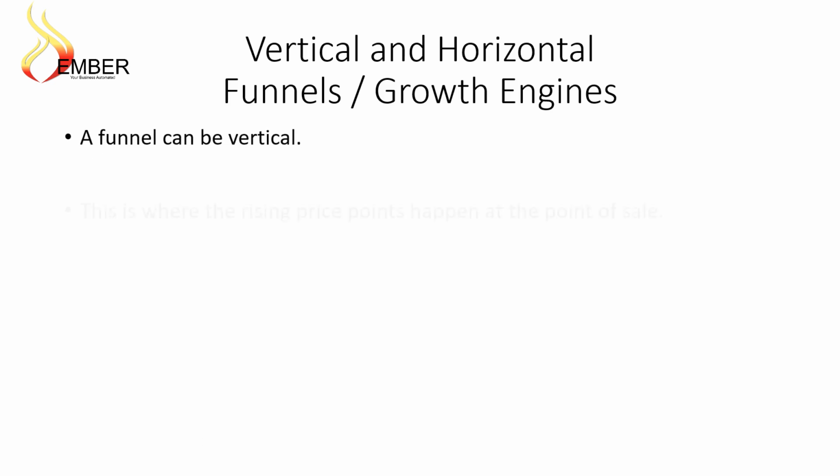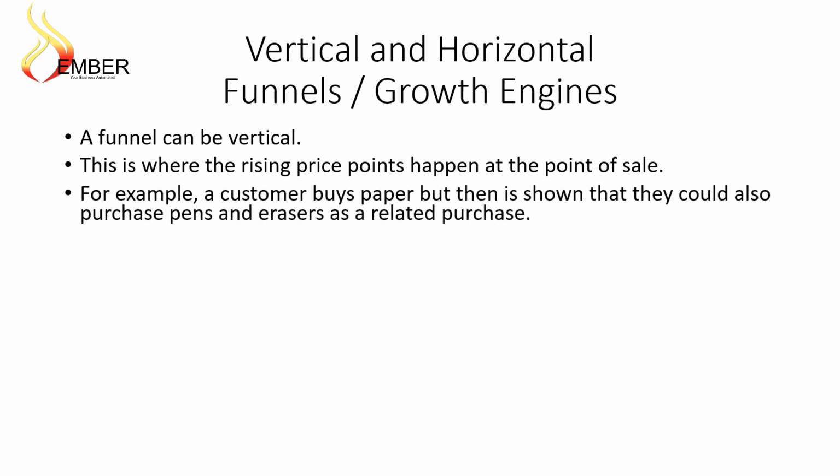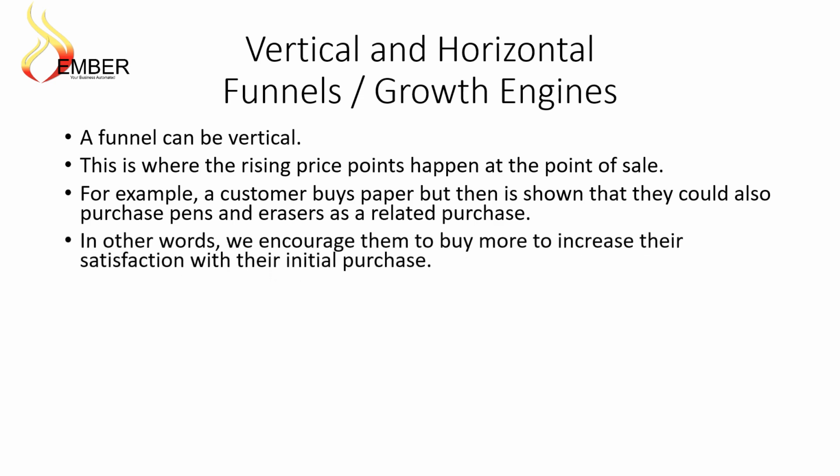A funnel is typically going to be vertical, and this is where all the rising price points are going to happen at the point of sale. So in other words, a customer comes and buys paper, and you're going to show them offers for pens and erasers as related purchases. You can get the paper, and I can also sell you pens and erasers to go with it. And so we're always increasing them to increase their satisfaction with the initial purchase.